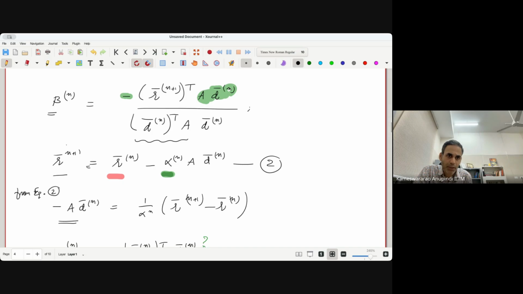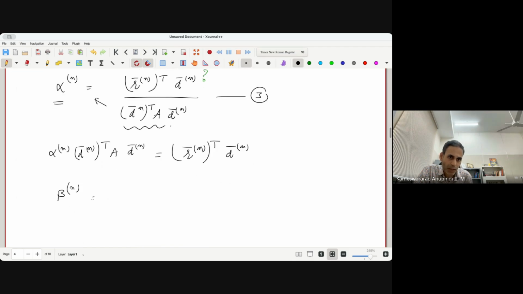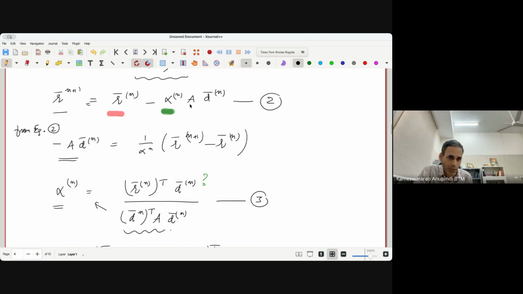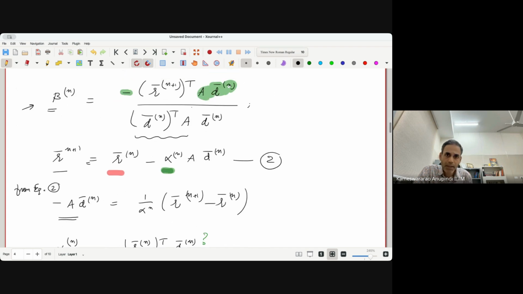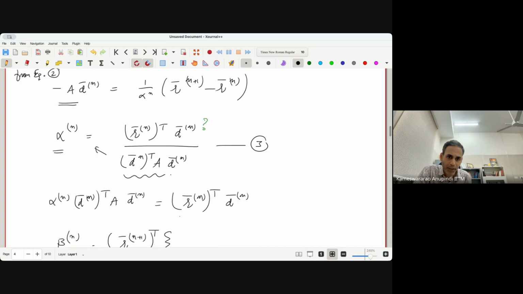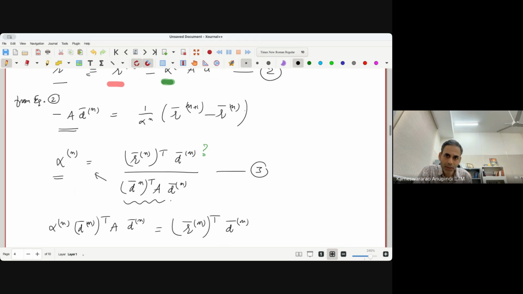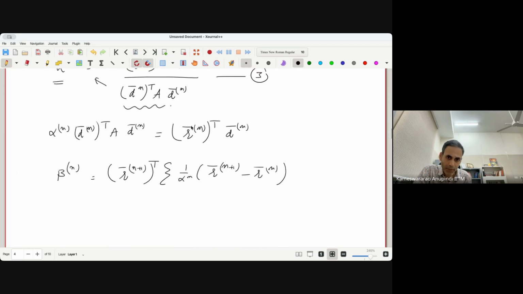So I can combine these two and then write an expression for beta_n. Beta_n equals, let me write it one by one, R bar_{n+1} transpose times minus A d_n, which I'm writing as 1 by alpha_n (R bar_{n+1} minus R bar_n). That is from this equation. And then in the denominator, I have d_n transpose A d_n. Let me leave it like that for now.